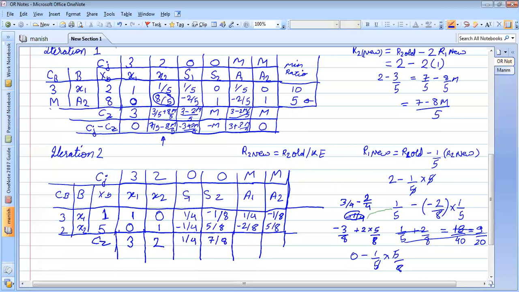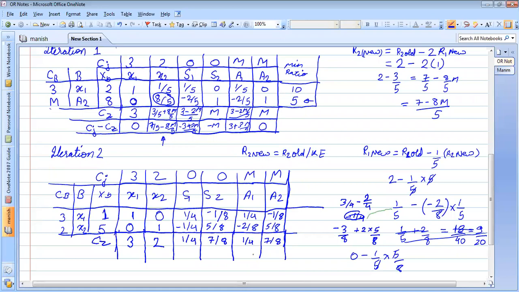The next value is 1 by 4, again the same values are there. So you will get 1 by 4 and 7 by 8. Correct? Yes, sir.